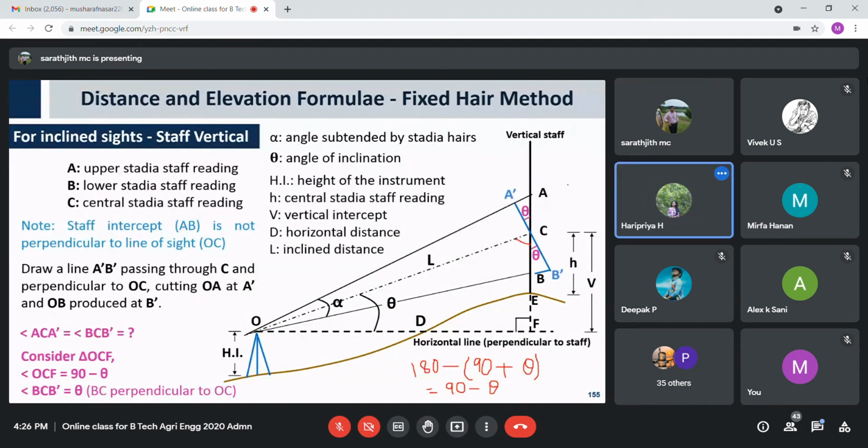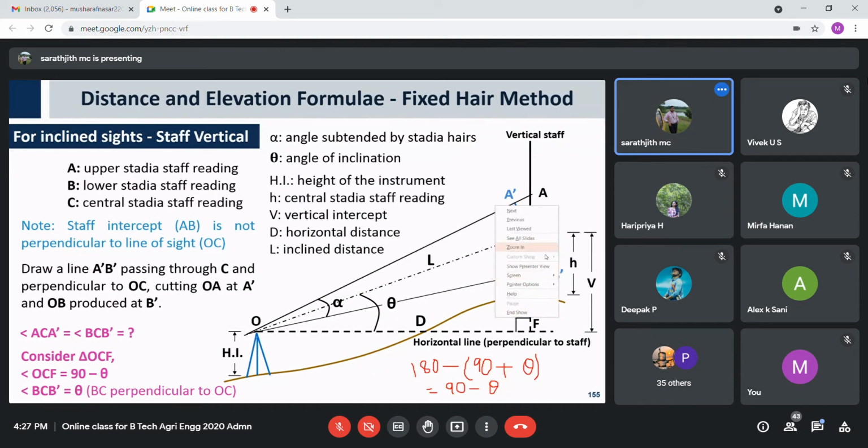Also we know that A dash B dash is perpendicular to OC, which means that this is perpendicular. So let me redraw it. We know angle C, this angle, is 90 minus theta.